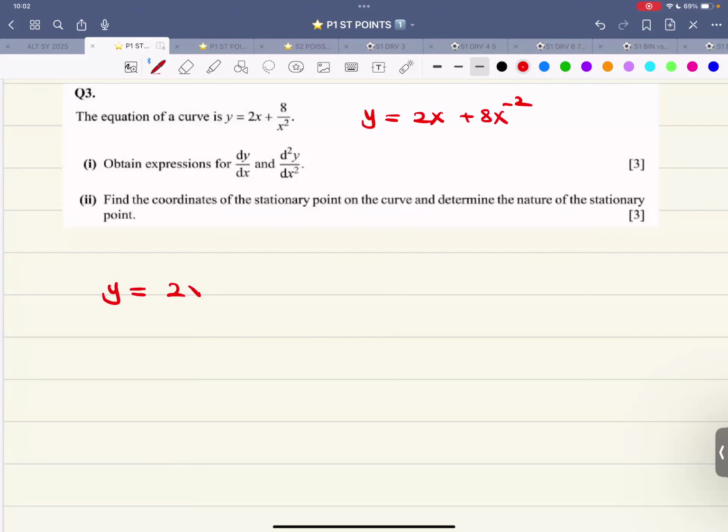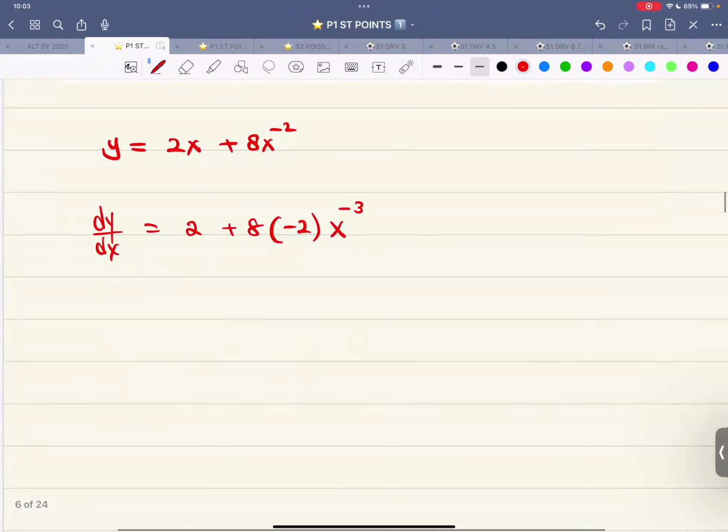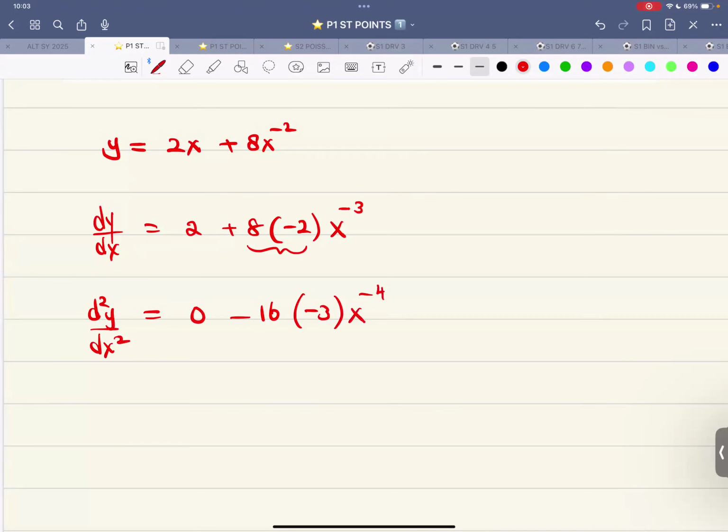That is the original equation. dy by dx, that is the first derivative. 2x becomes 2, 8 as it is, negative 2 comes down, x remains as it is, power reduces to negative 3. And then d square y over dx square, 2 becomes 0, 8 into negative 2 is negative 16, negative 3 comes down, x to the power negative 4.